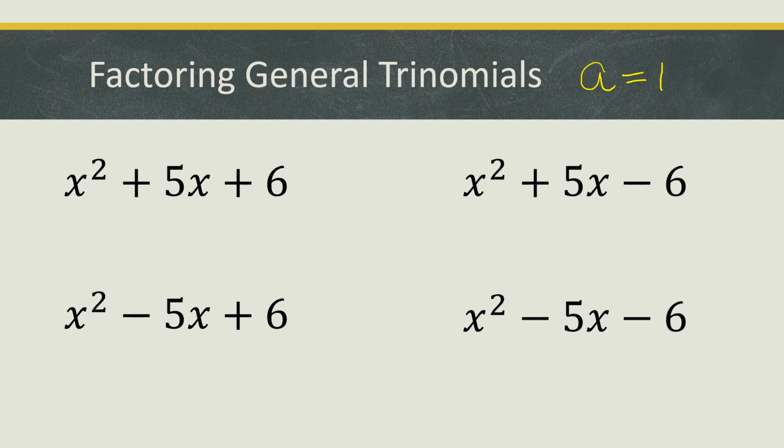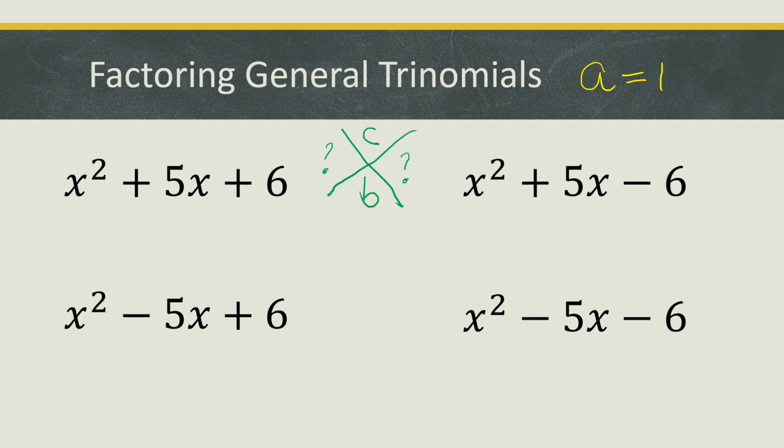To factor this kind of general trinomial where a is equal to 1, the very important thing that we need to observe are the values of C and B. So we're going to find factors where we will obtain the C and B values.